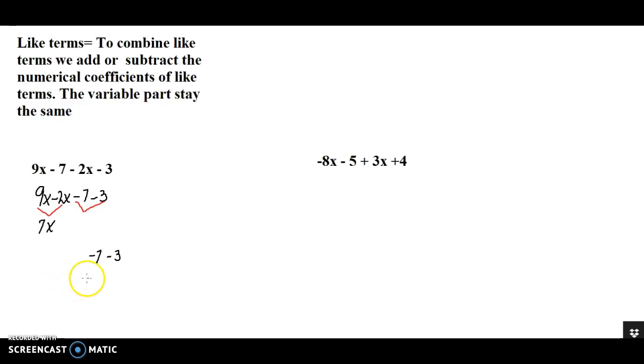And so we know that's the same thing as a negative 7 plus a negative 3.